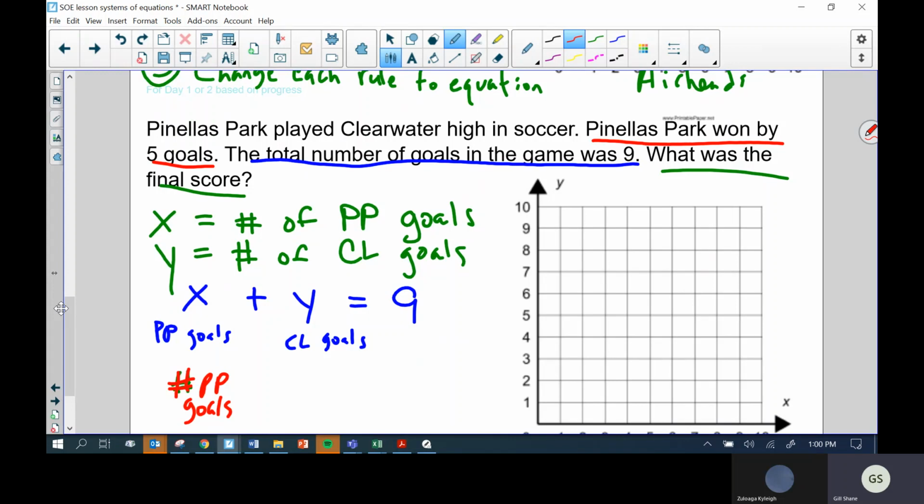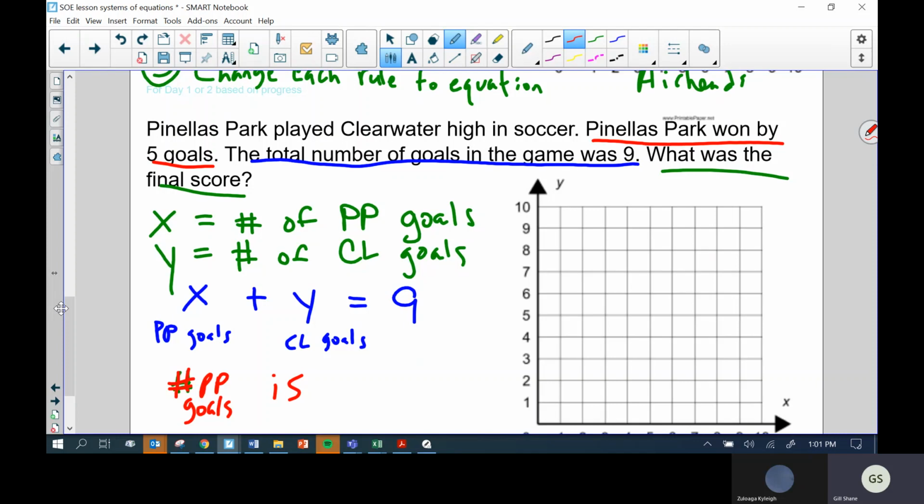Is. The number of P-Park goals is. Is means equals. It's a tiny word, but it is extremely important in word problems. The number of P-Park goals is, I'm going to change it to is now. Then we'll do all of that stuff below. Is what?